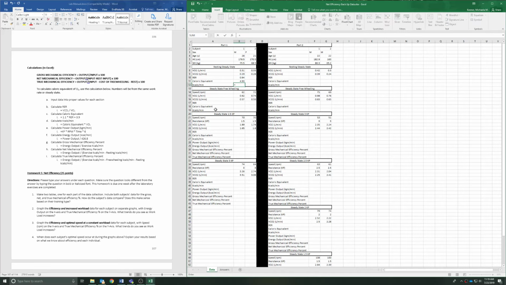And then now, instead of multiplying by 5, like we typically do, we're going to multiply by our caloric equivalent. So 4.93 multiplied by our VO2. Make sure your VO2 is in liters per minute. If not, you'll need to go in and do that step as well.